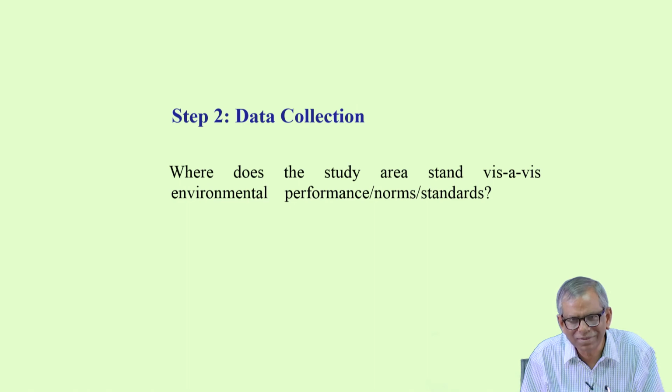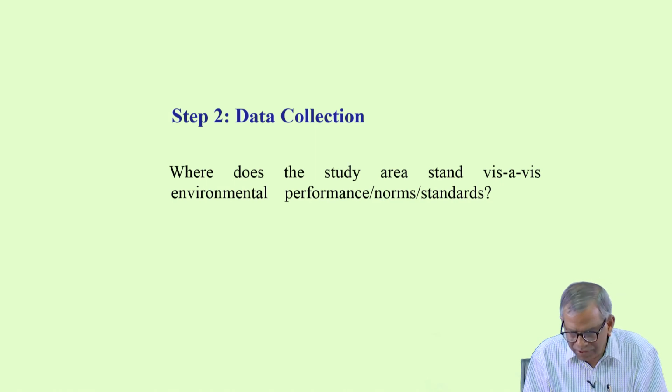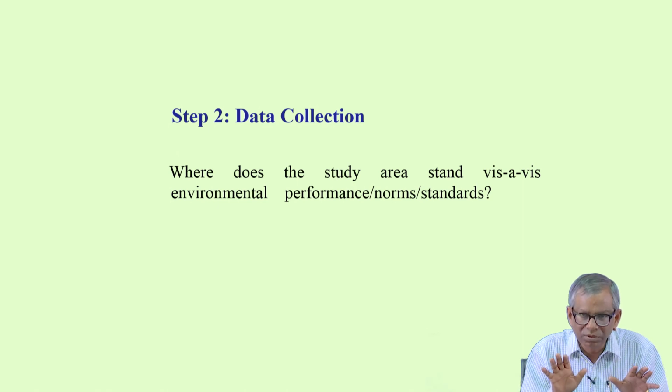Next comes the data collection. Where does the study area stand vis-a-vis environmental performance norms and standards? Have you understood what it means? That means you know that these are the factors.